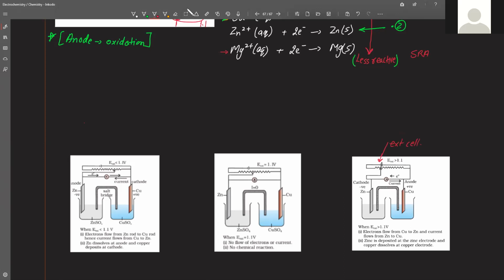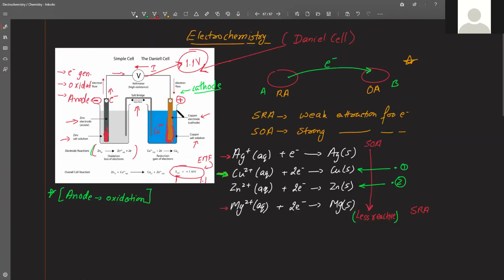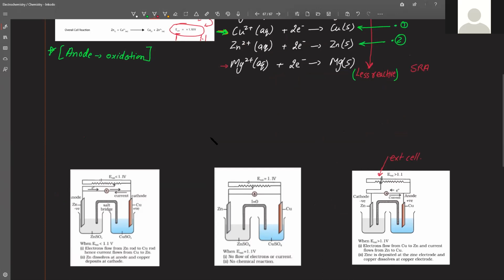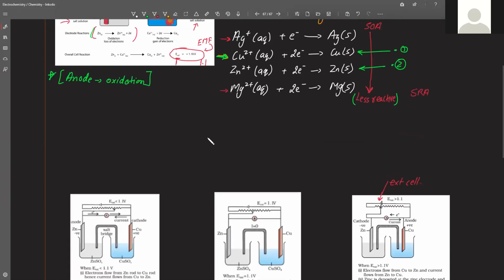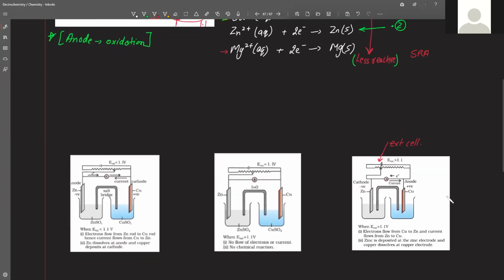In the above experiment, the voltmeter reading says that it will be 1.1 volt. Now we are actually trying to study this in detail. What we do here is, this external cell is there and there is a rheostat connected here, right? This device is called a rheostat, which you must have seen in your physics lab.